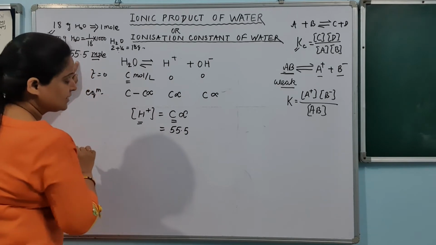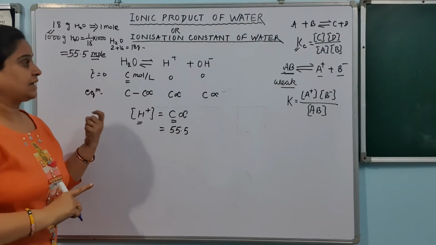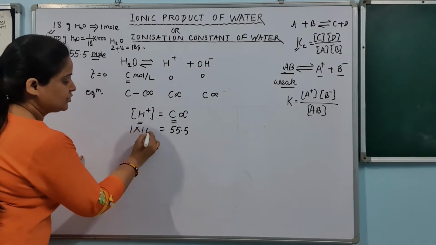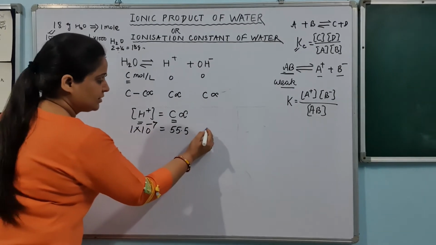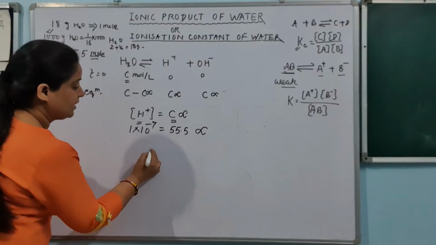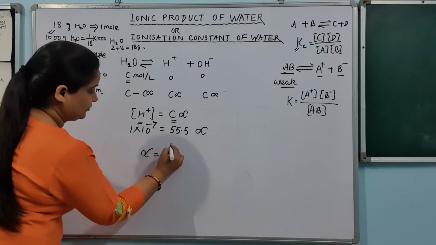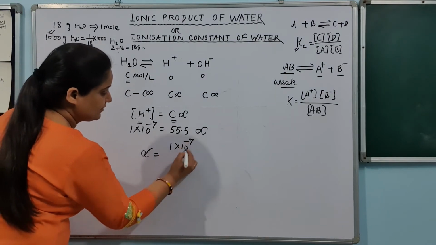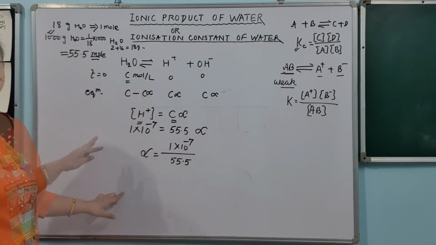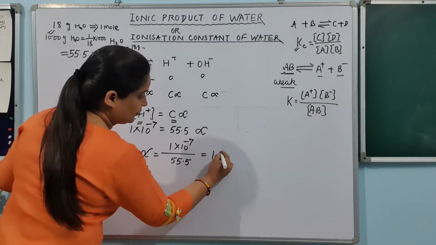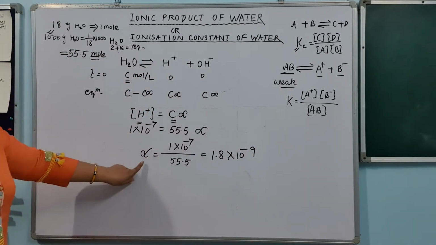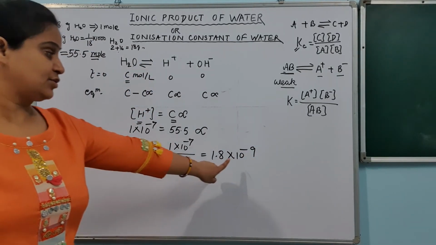What is the H plus ion concentration? We have already calculated this experimentally, it is found to be 1 into 10 raised to power minus 7. So can't you calculate the degree of dissociation for water? Alpha equals 1 into 10 raised to power minus 7 divided by 55.5. You will find it around 1.8 into 10 raised to power minus 9. So the degree of dissociation of water is too small.